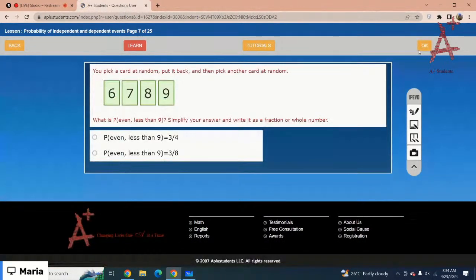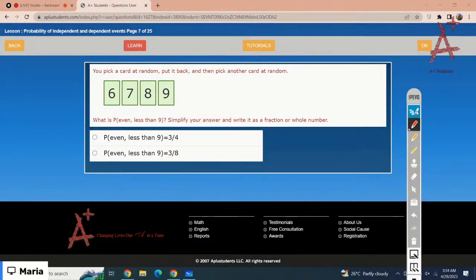Okay, you pick a card at random, put it back, and then pick another card at random. What is the probability of even and what is the probability of less than 9? So you put the card back, that means that would be an independent event. Okay, probability of even. Two of them are even, so it would be 2 out of 4.